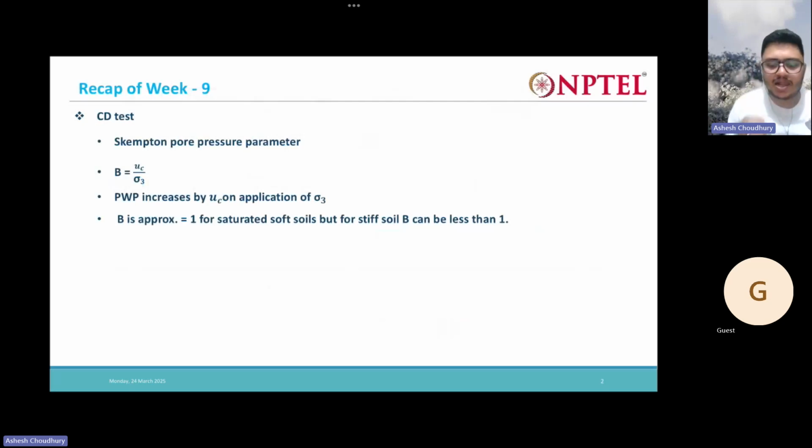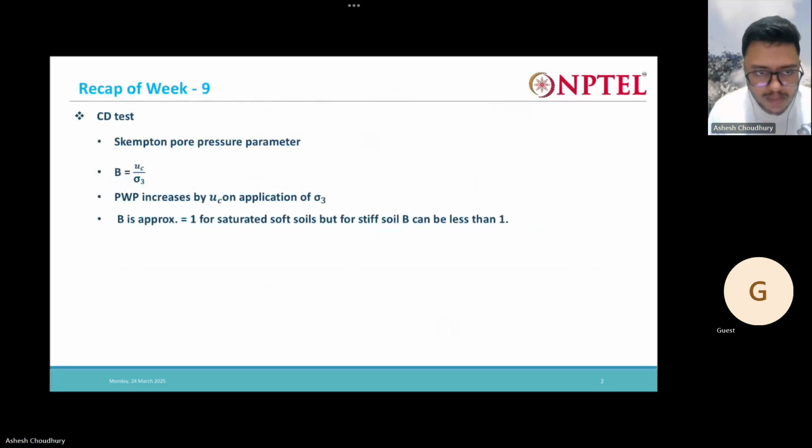Before you start the consolidation process, you have to ensure that the soil is 100% saturated, right? Consolidation is defined on saturated soils, so you need to ensure that our sample is 100% saturated.